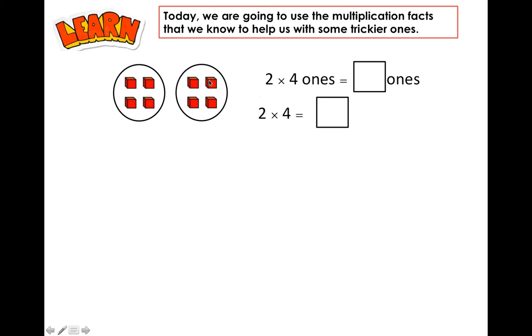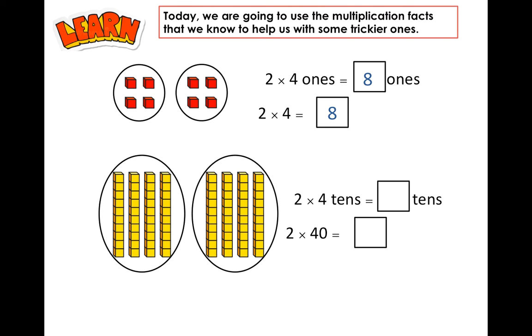So here I have 2 times 4, I've got 2 groups of 4. So I know that 2 times 4 ones would give me 8 ones, because 2 times 4 is 8, isn't it? Now, what I'm going to do is change the question, and look at 2 times 40, okay? So here I can show 2 times 40, or 2 times 4 tens.